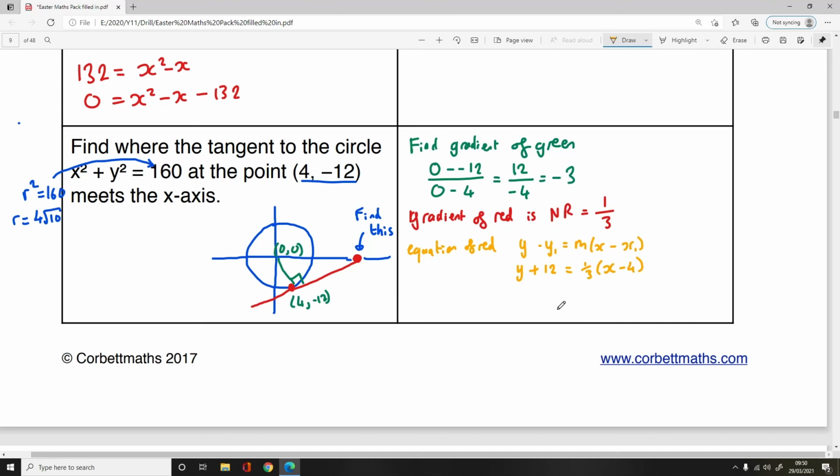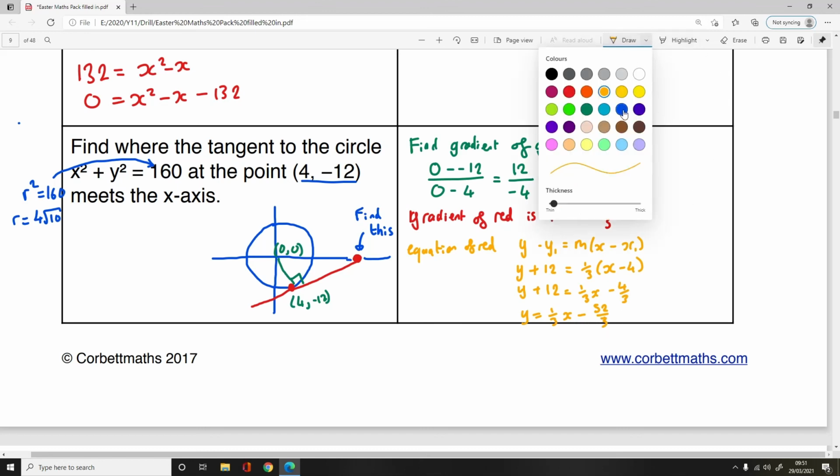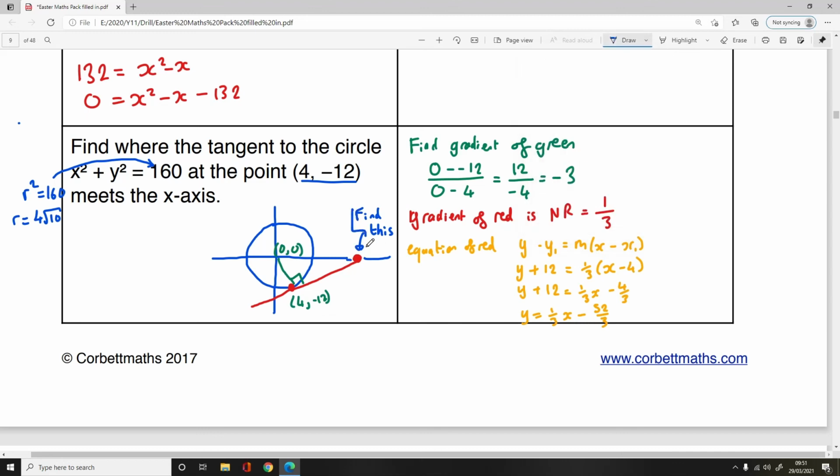And we could expand this, I suppose. So y plus 12 is a third x minus 4 thirds. We could then move the 12 across to say that y is a third x minus 52 over 3, I guess. And amazingly, we're still not done, because we need to find this, as we said at the start.